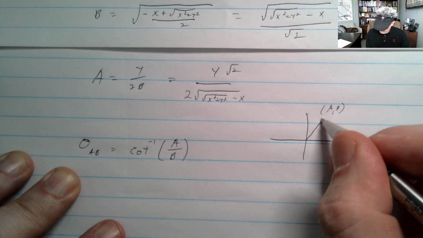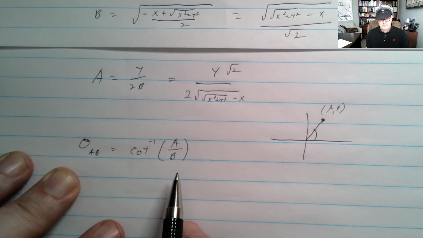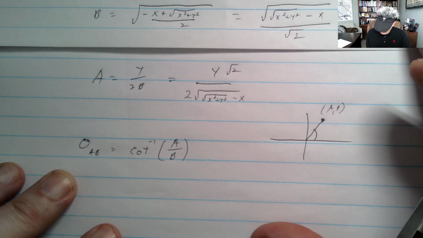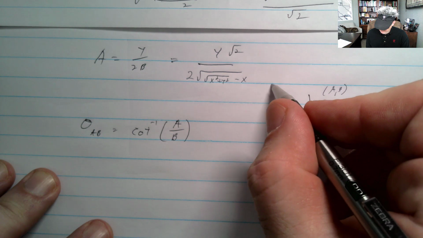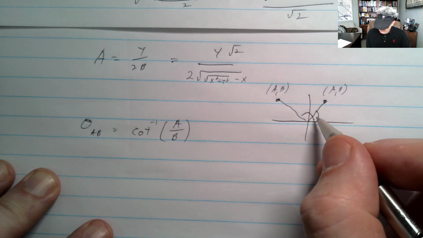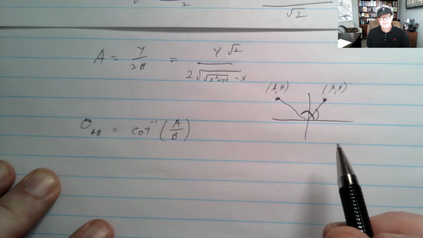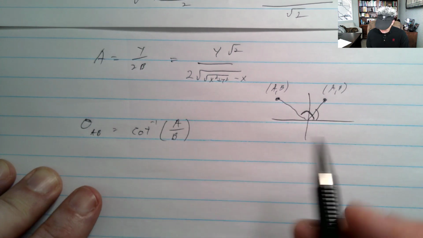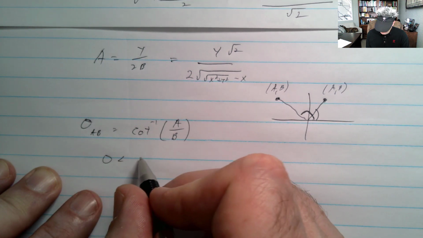But that angle, arc cotangent, will give me that. So no matter where the point is, as long as it's in the upper half plane, this will give me the right angle, and then 0 is less than or equal to, I'll put that here now too.